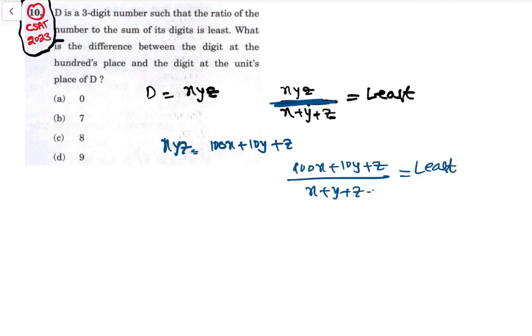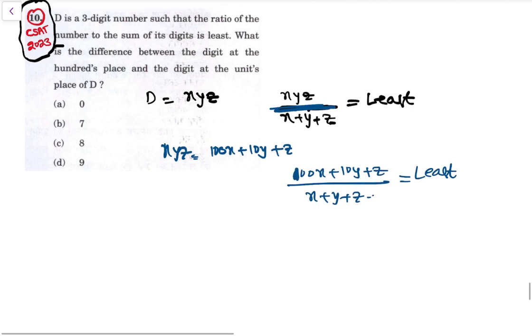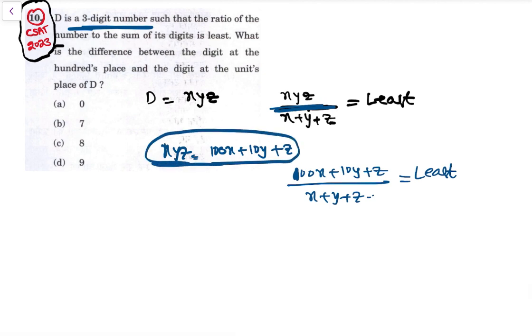अब हमें पता है, ठीक है. सो इज ए 3-digit नंबर सच दैट 3-digit नंबर है, ठीक है. So to get the ratio least, ठीक है, we know कि भाई ये least आना है.